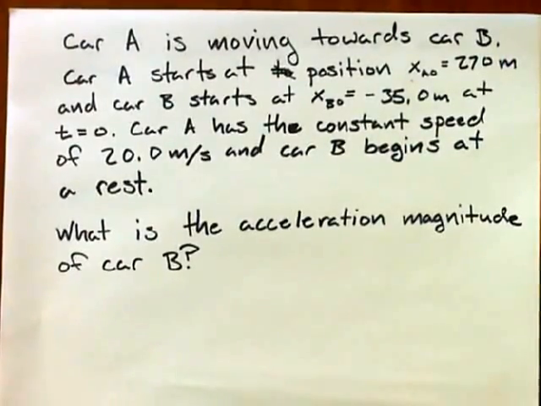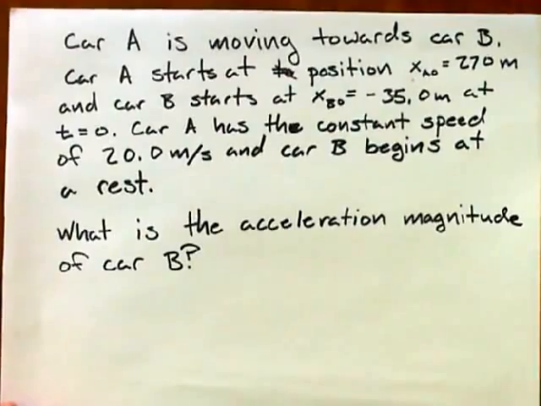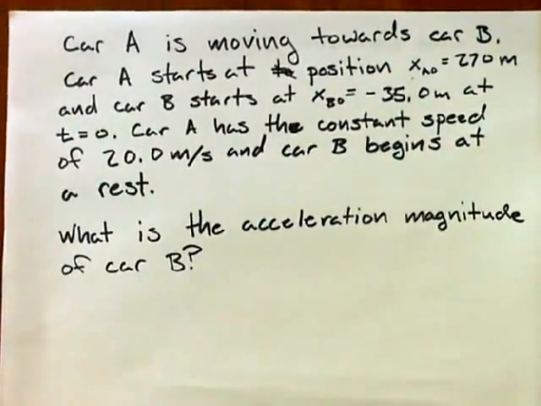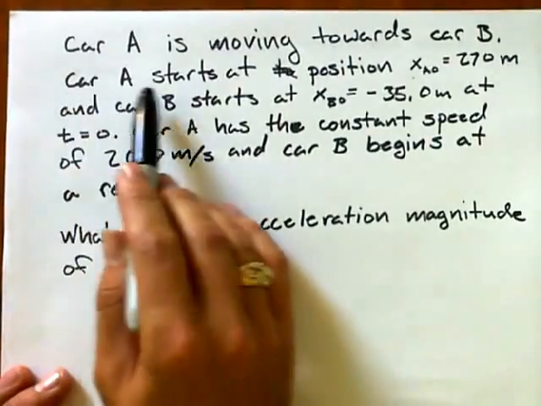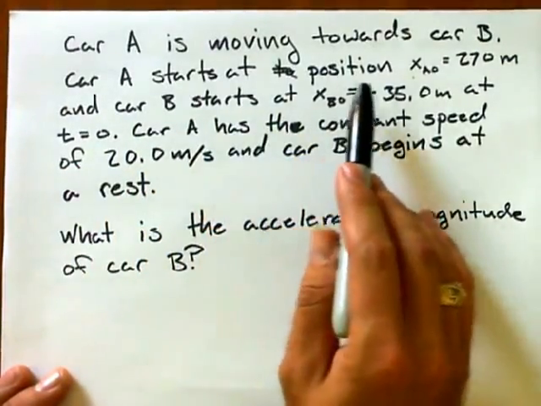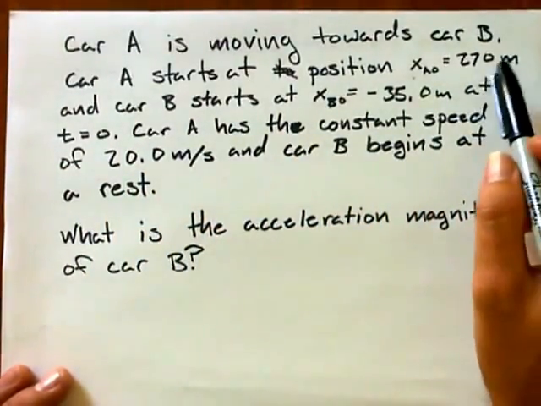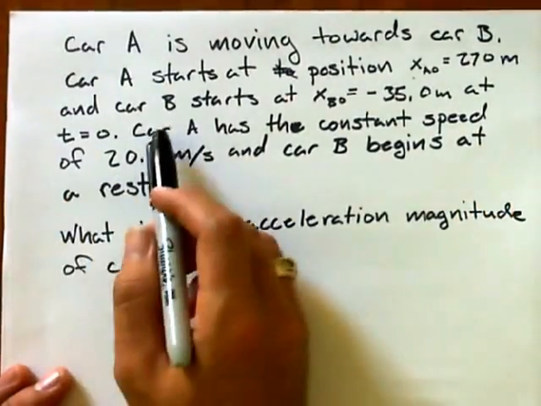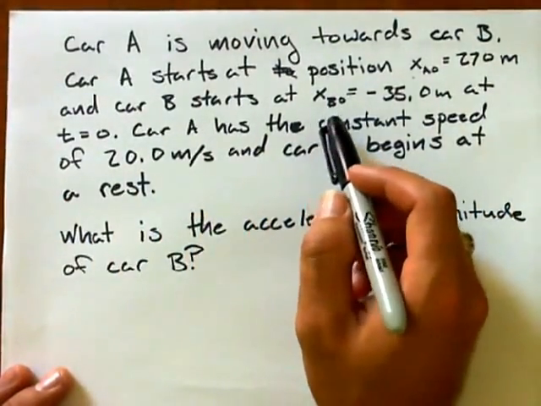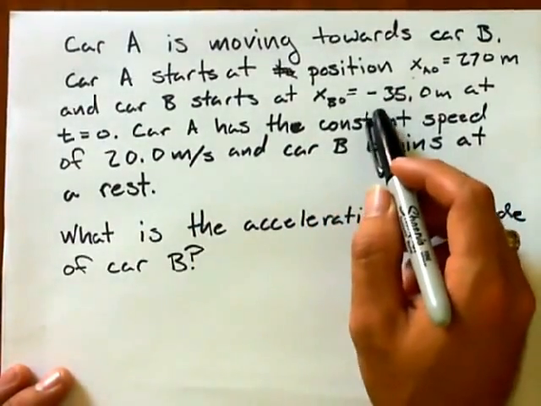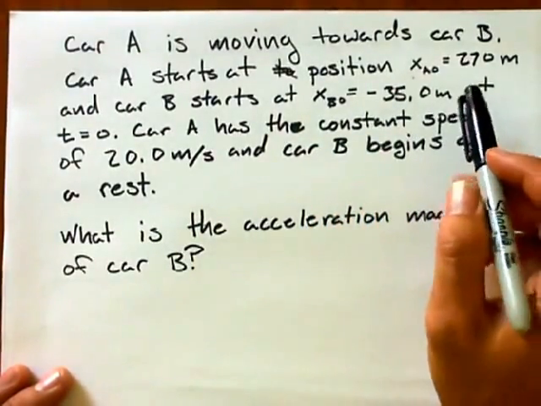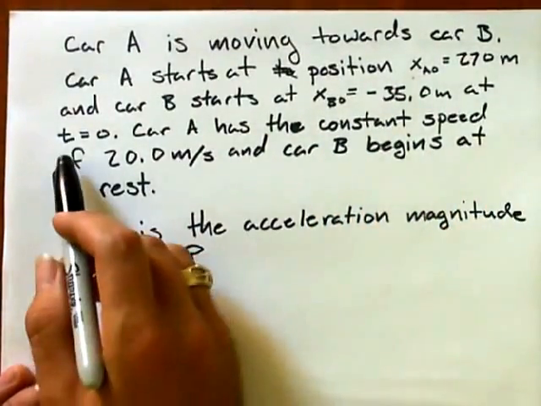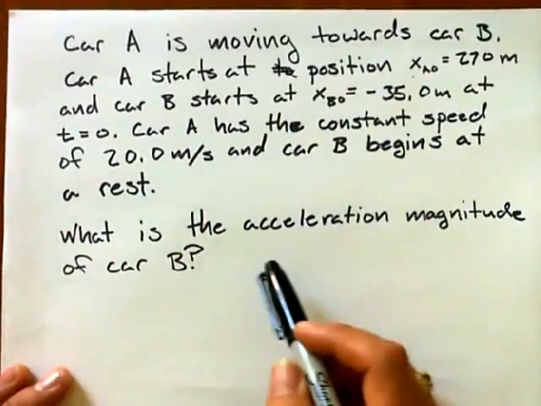This is a little physics problem, and it goes like this. Car A is moving towards car B. Car A starts at the position x_A0 = 270 meters, and car B starts at x_B0 = negative 35 meters at a time of t equals 0.